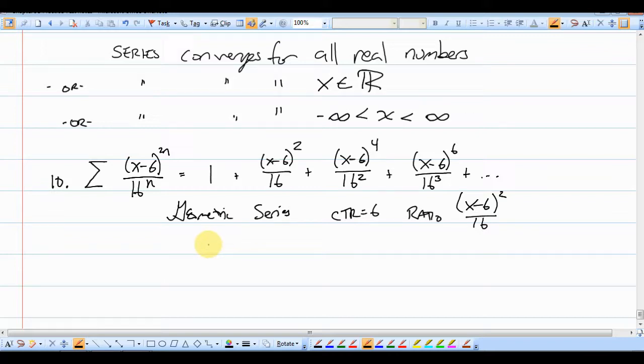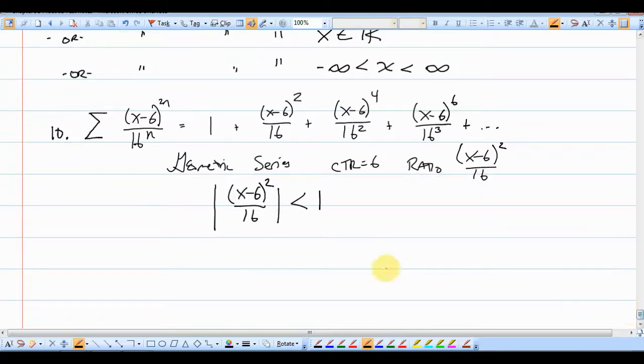So for your test, the absolute value of x minus 6 squared over 16 needs to be less than 1, which says that x minus 6 squared needs to be less than 16.